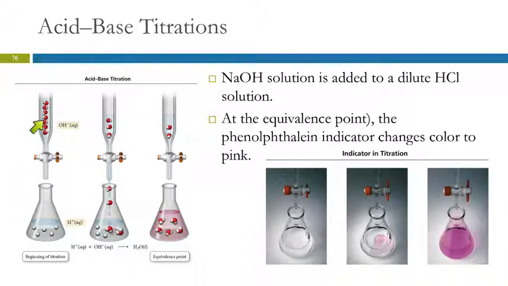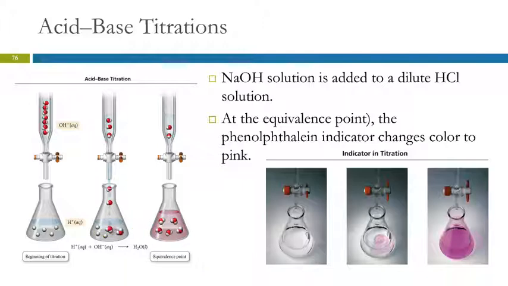Typically, the known concentration is in the burette and the unknown is in the Erlenmeyer flask, but sometimes we do it the other way. So here we have the hydrogen ions. We're going to add some sodium hydroxide, some hydroxide ions. Those hydroxide ions are going to pick up these hydrogen ions and react and form water. That's what this net ionic equation is telling us.